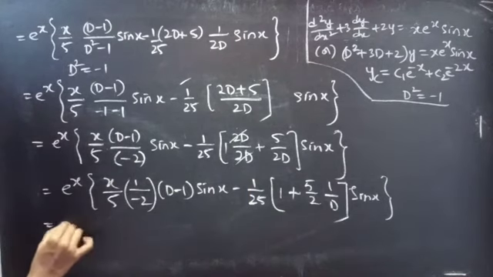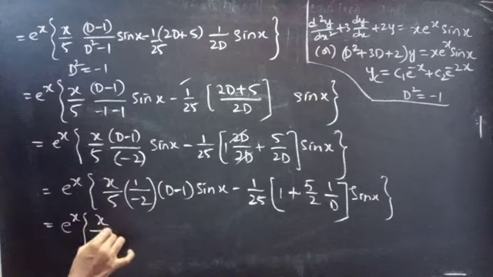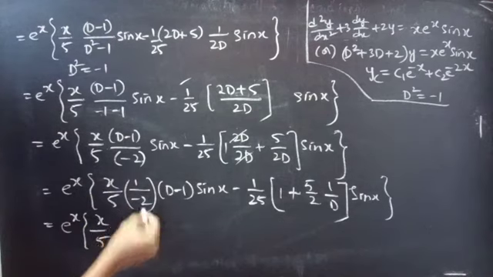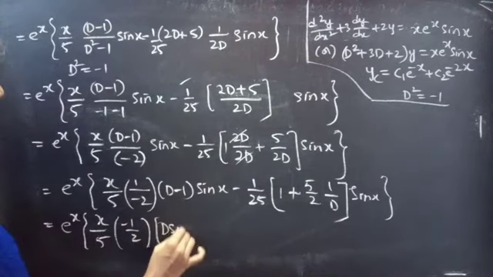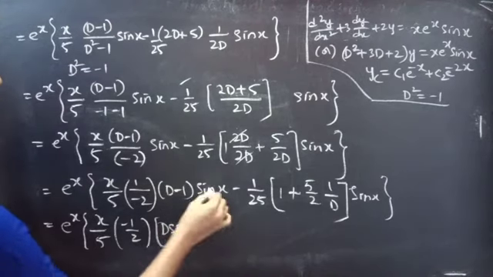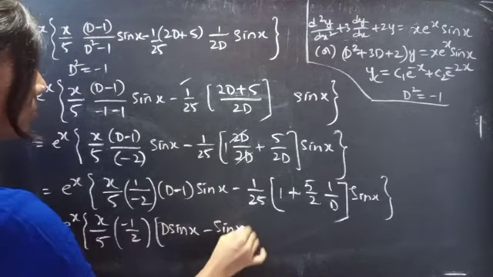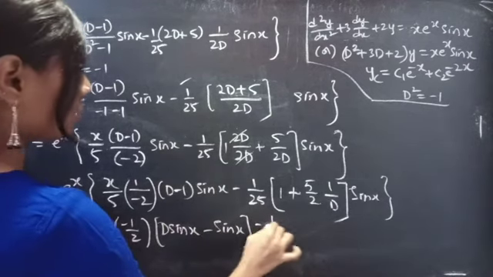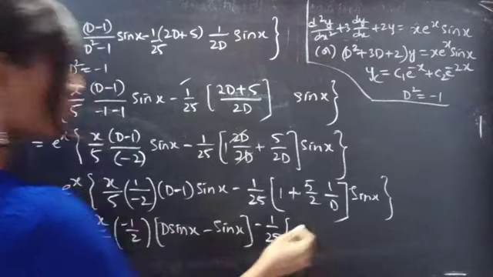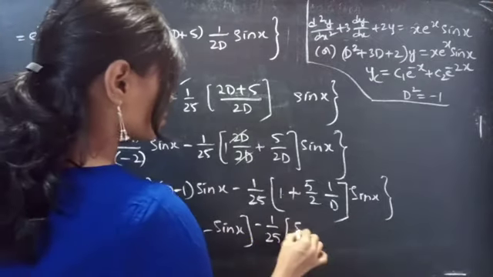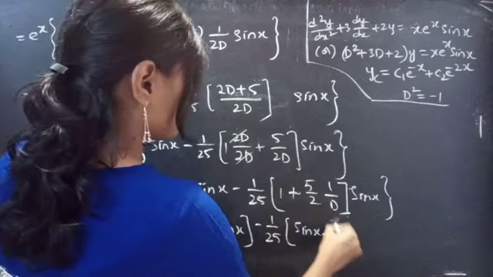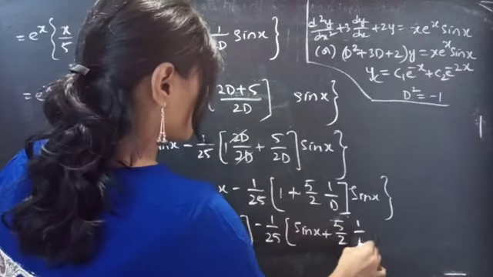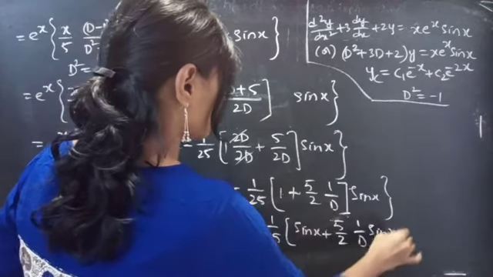This becomes e power x into x by 5 into, we can write 1 by minus 2 as minus 1/2 into d sin x minus 1 into sin x is sin x minus 1/25 into 1 into sin x is sin x plus 5/2 into 1/d sin x.